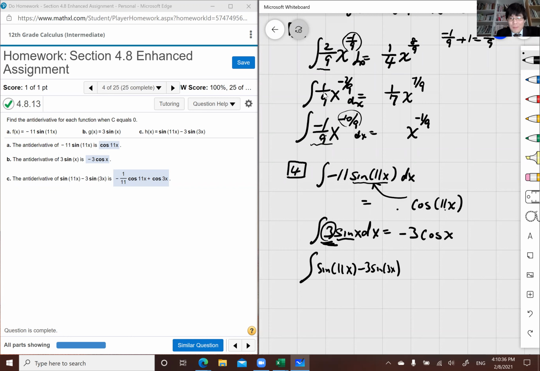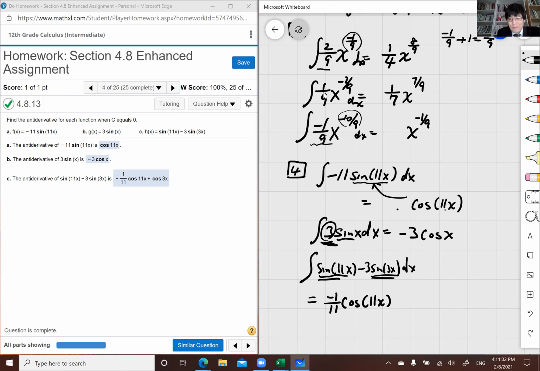Okay, now you have two terms, but again, it's the same thing. You just integrate each and take the difference. So sine becomes cosine, and the inside angle doesn't change. When you differentiate this, you want to get negative 11, so you want to divide by negative 11.